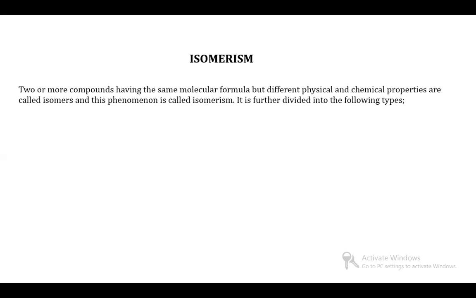Isomers: two or more compounds having the same molecular formula but different physical and chemical properties are called isomers. This phenomenon is called isomerism. It is further divided into different types.